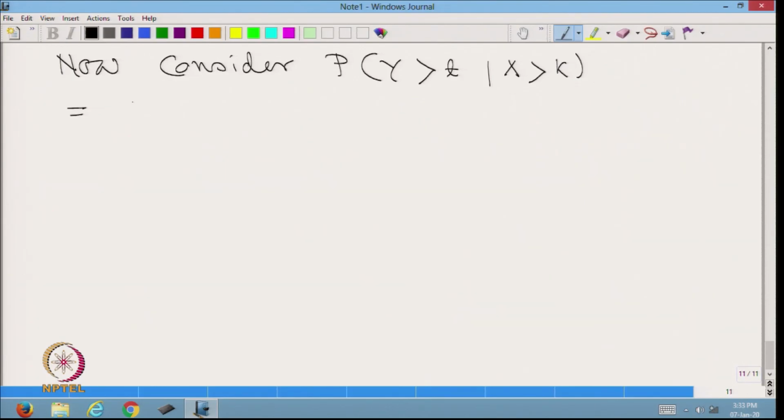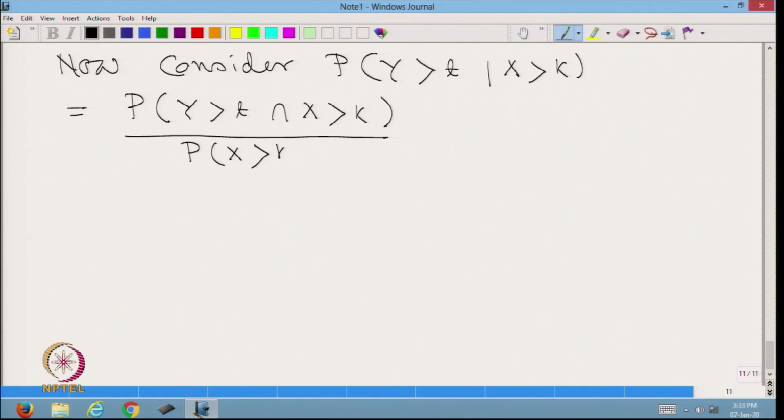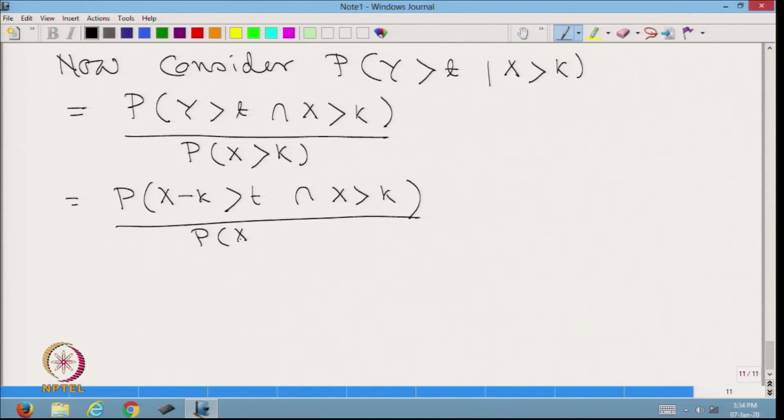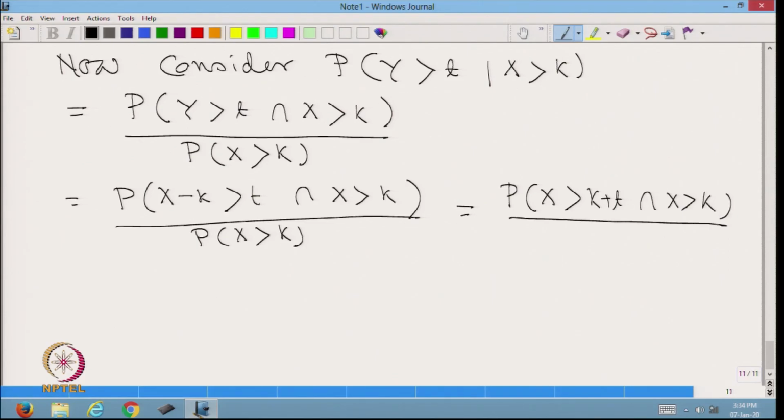This conditional probability is equal to probability Y greater than t and X is greater than k upon probability X greater than k, which equals probability X minus k greater than t and X greater than k upon probability X greater than k, which equals probability X greater than k plus t and X greater than k divided by probability X greater than k.